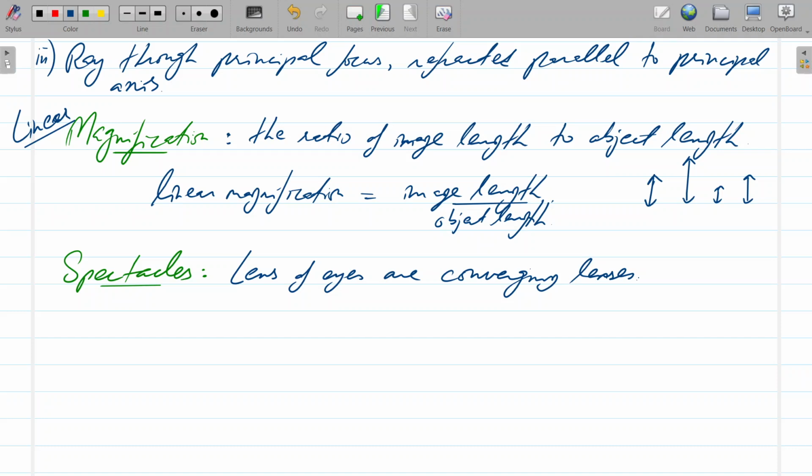That's what we expect would happen in the eye as well. So why are we able to see everything the right way up? Because our brain processes it to appear upright. Otherwise, the image forming inside the eye is actually upside down.